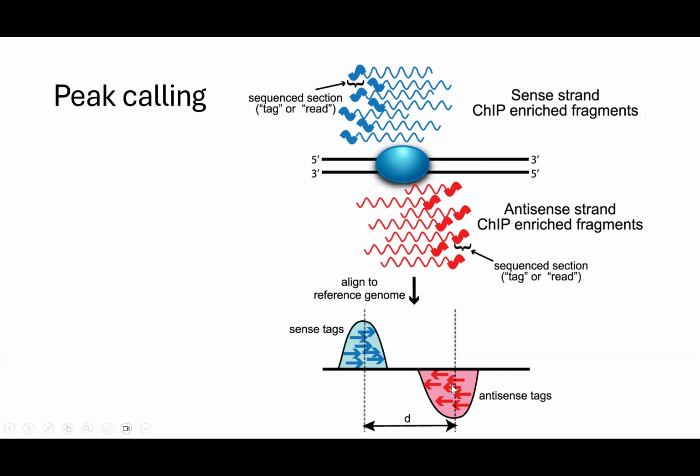So it assumes there will be some sense reads and some antisense reads, with some distance between these two peaks, and the thing you actually care about is in the middle. It's trying to find not where the reads line up necessarily, but where the actual protein that gave rise to the reads is located. So it's a little bit different than simply finding the peak.